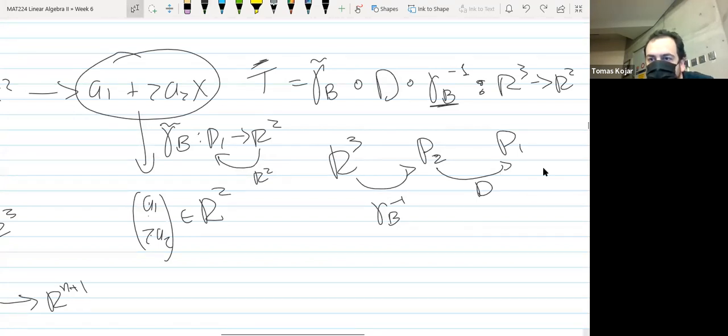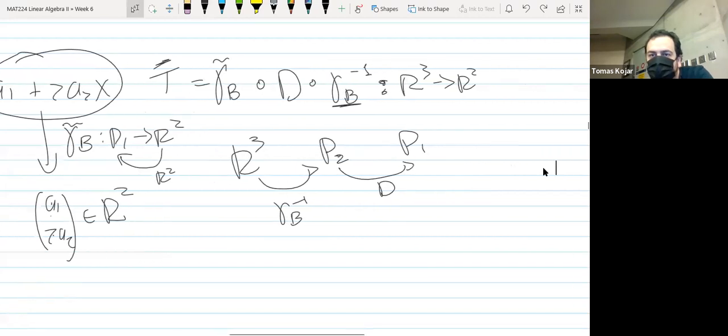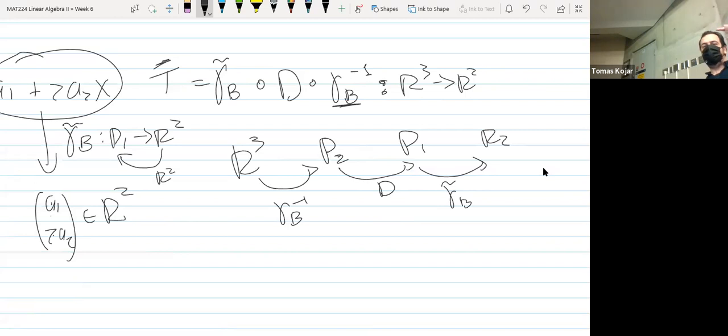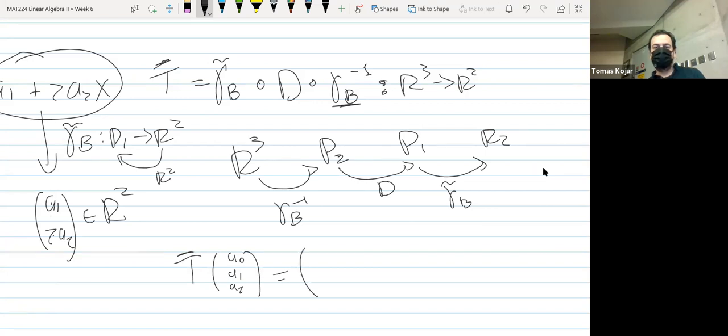So that's why it's R3 to R2. So you need a matrix. This T bar acts on a0, a1, a2, and it outputs what we said before, a1, 2a2. So that's what you need. You need a matrix that does this.